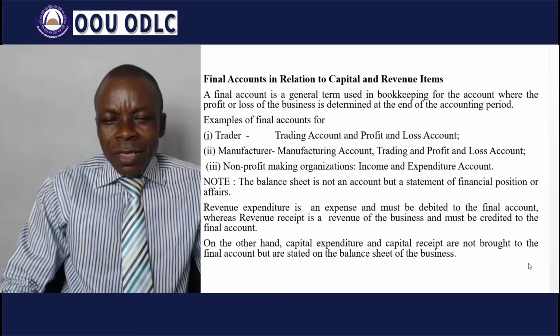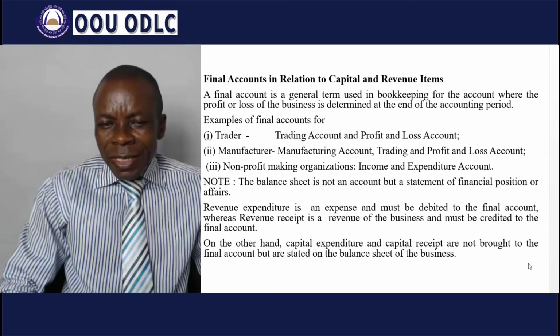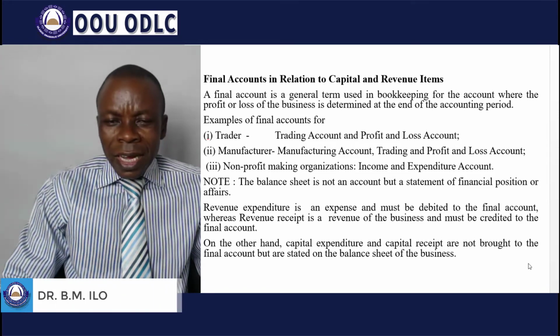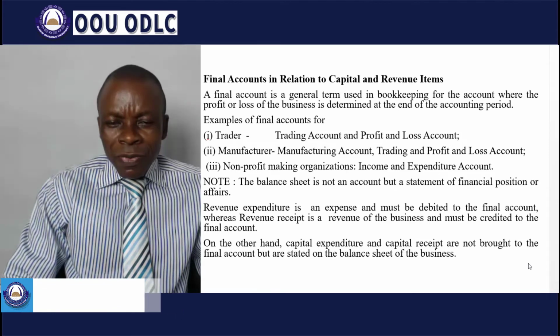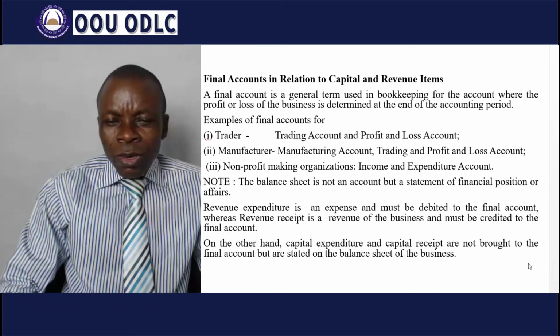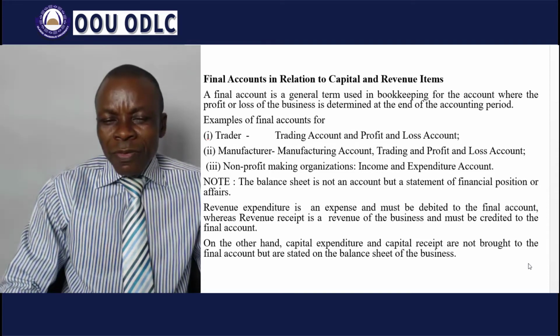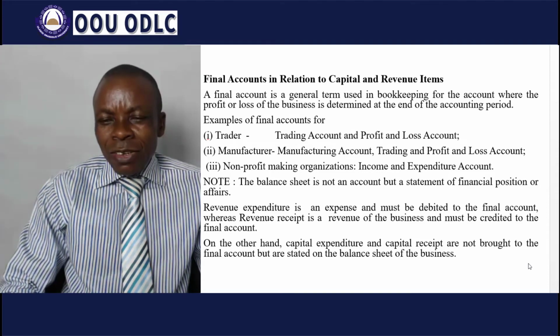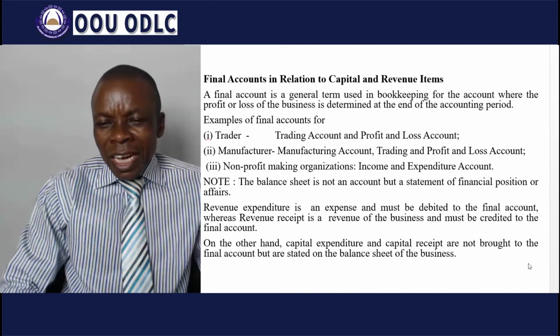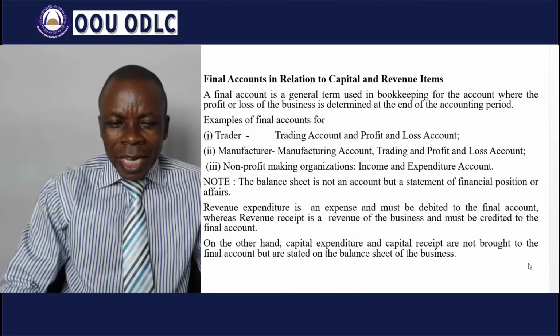Examples of final accounts include the trading account and profit and loss account. In the case of a manufacturer, its own account is called the manufacturing account, trading and profit and loss account. So a manufacturer has three sets of items put together: the manufacturing account section, the trading account section, and the profit and loss account section.